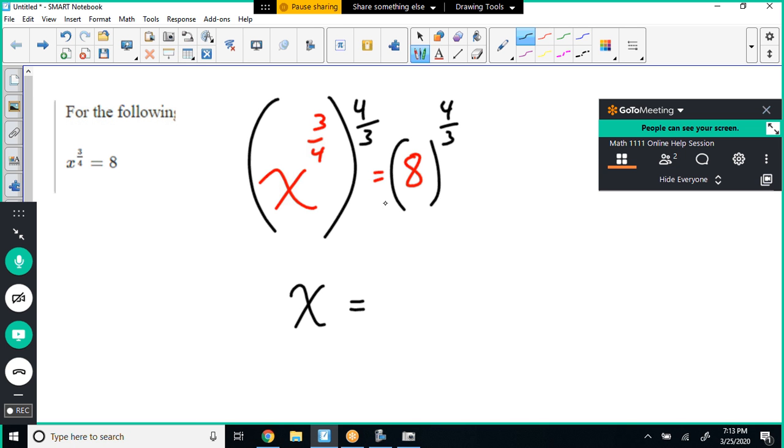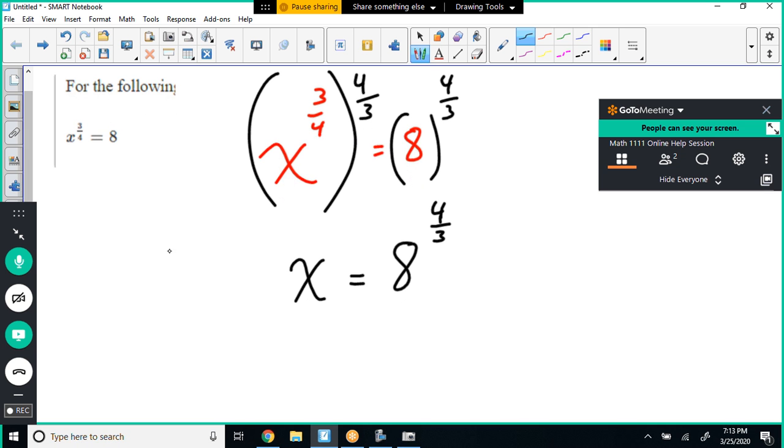Now this one, this is 8 raised to the 4/3, right? So what I just showed you with the x to the a over b, I like this format better than anything.